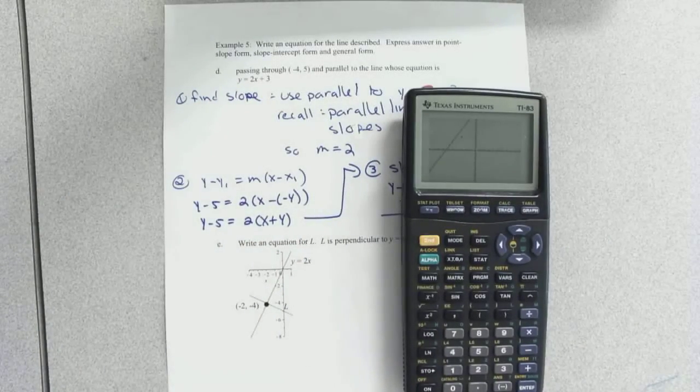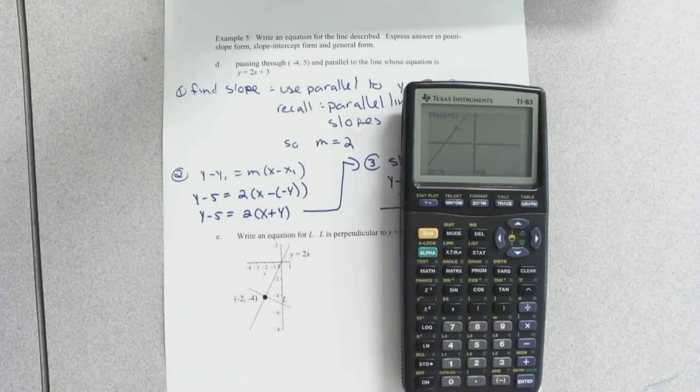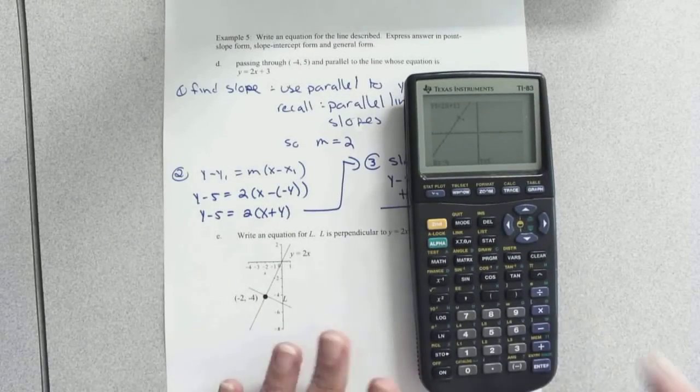There's my line. It's supposed to go through (-4, 5), so trace, negative 4, then hit enter. And you can see it at the bottom. I'm not going to zoom in, but it is down there, y equals 5.